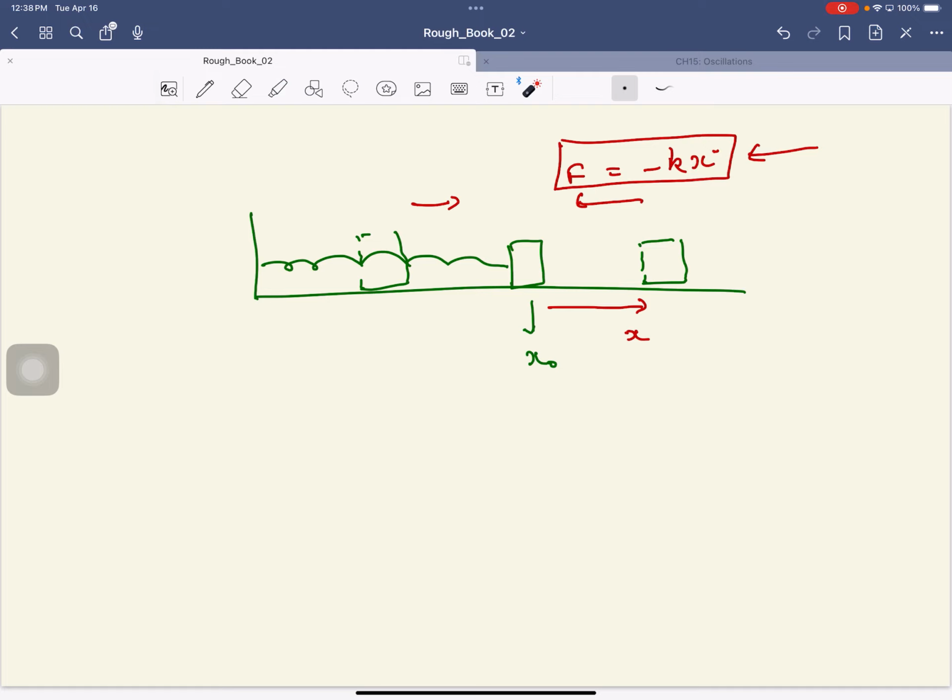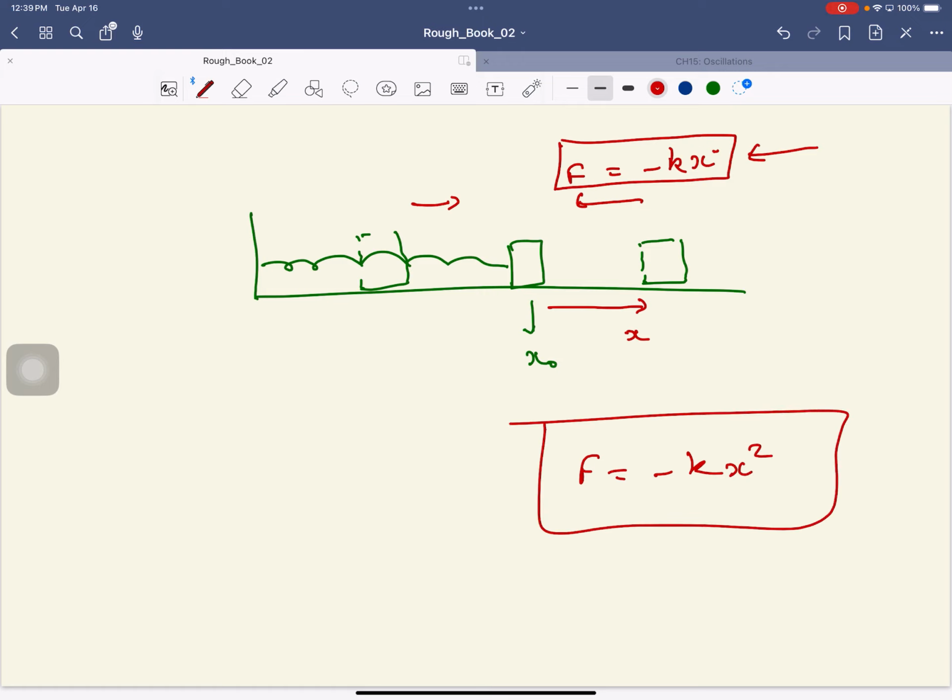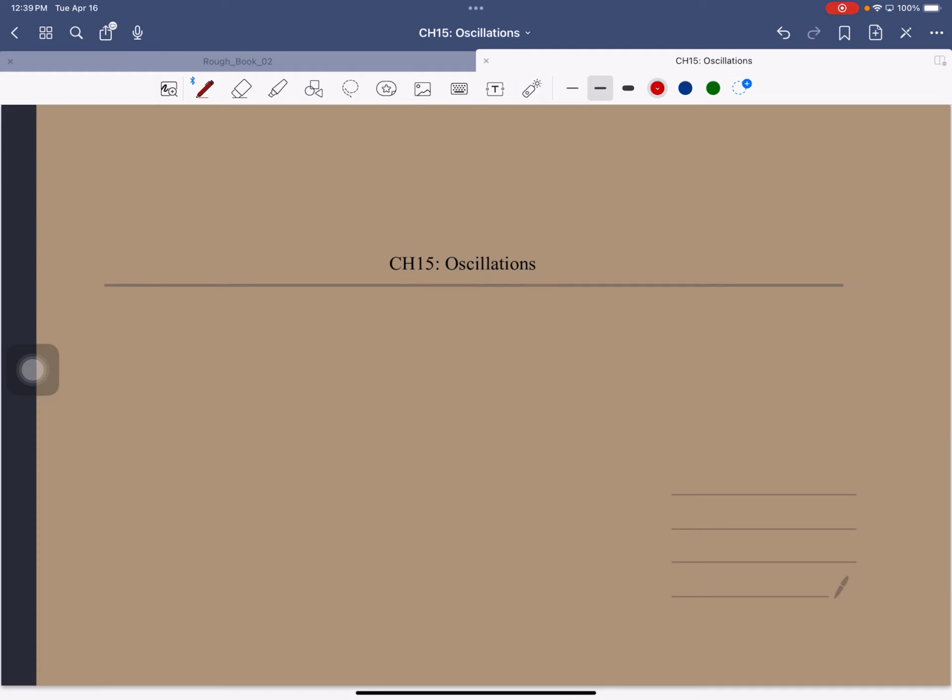So that's what we're studying. You guys understand? So for instance, if the restoring force was F equal to minus kx squared, that would be a very hard problem to study. And we're not going to do that. So oscillations is what we're studying.